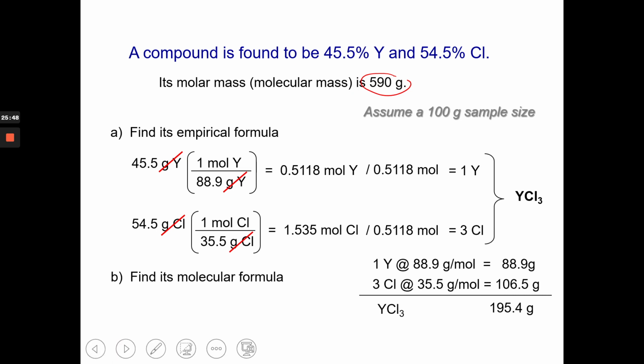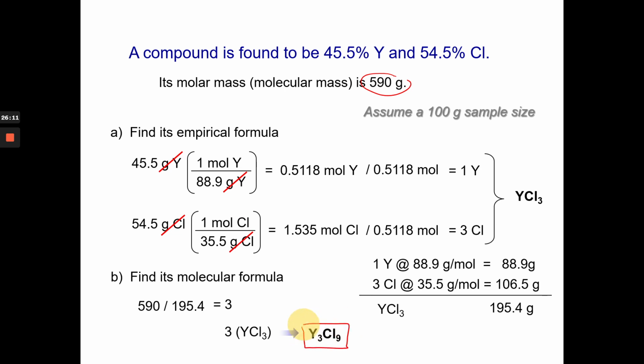I bet we have to multiply by 3, but let's check it out. 590 divided by 195.4 comes out to be 3. So we're correct. We want to multiply our empirical formula, YCl3, times 3. And if we do that, we get Y3Cl9.